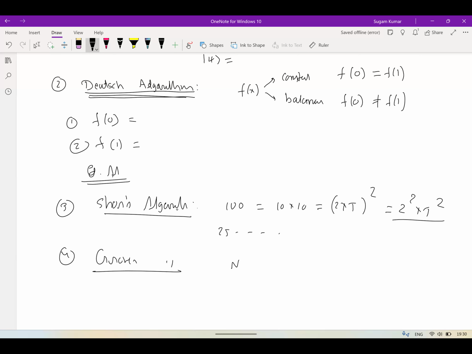The classical system, if lucky, may get the exact answer in fewer than n steps, but on the worst side it will take n steps. Whereas a quantum system can do this search in root n time. So it will take only root n steps. We will spend some time on these quantum algorithms.